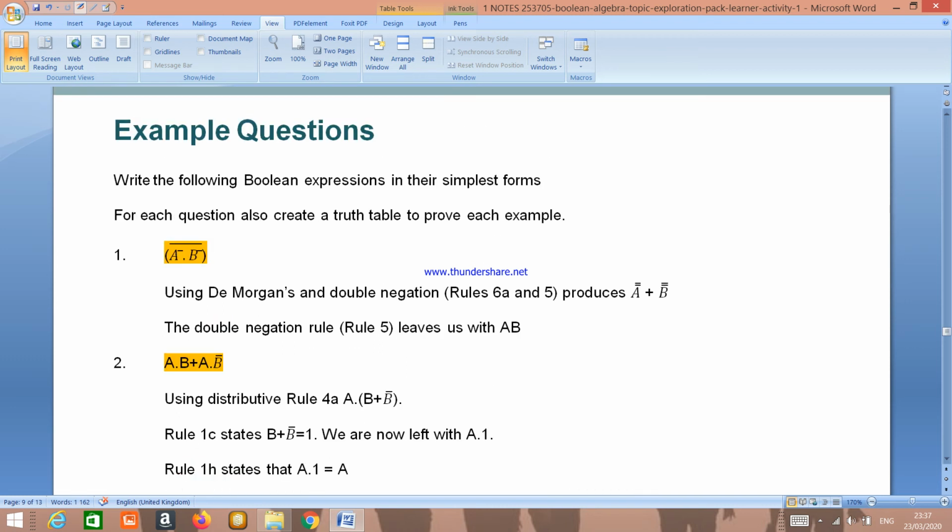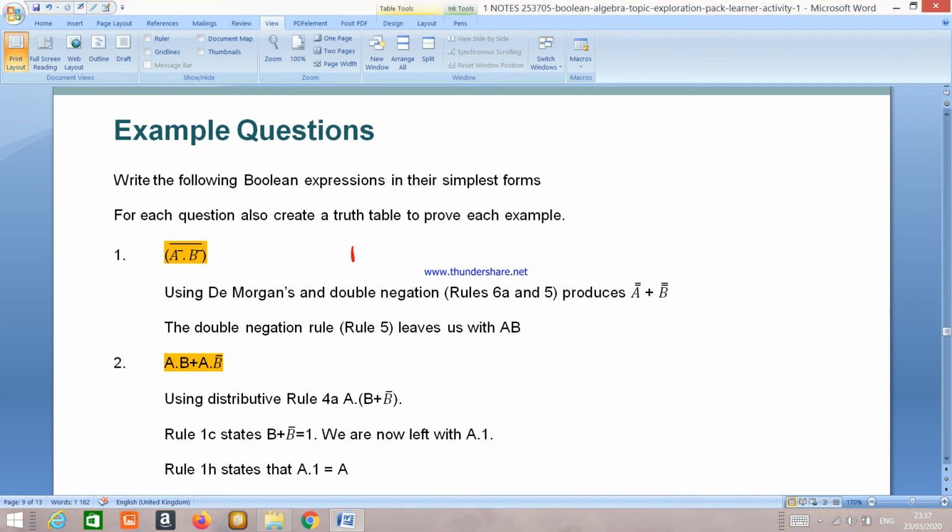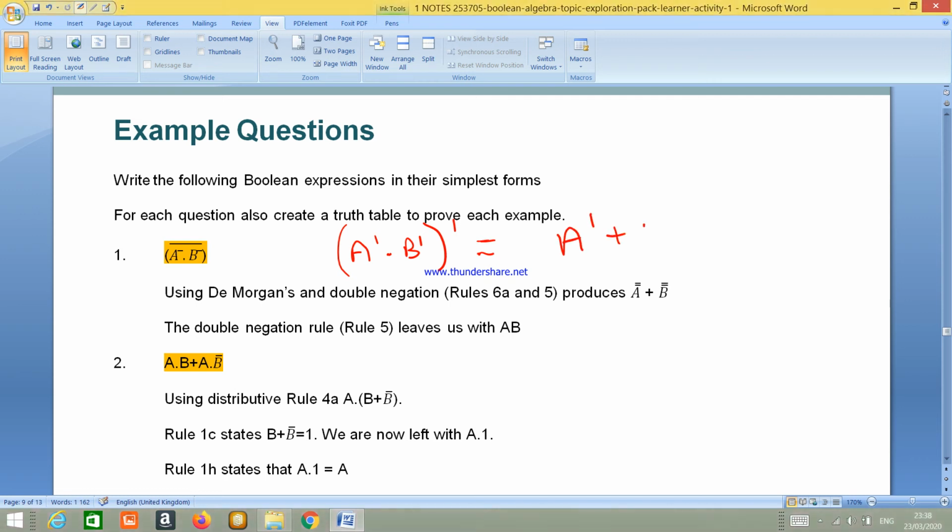Next, let's take this example. Using the De Morgan law, that is (A dash multiplied by B dash) whole dash is the same thing as A dash dash plus B dash dash.